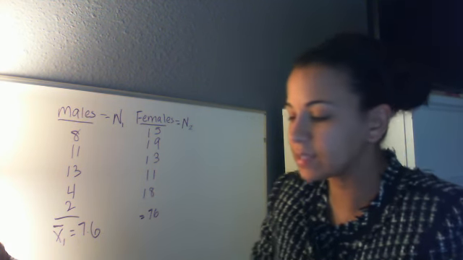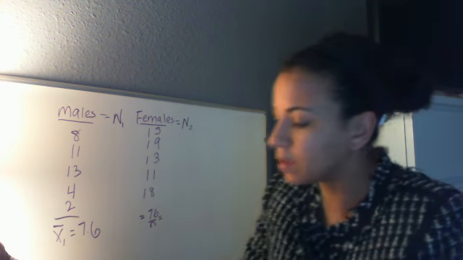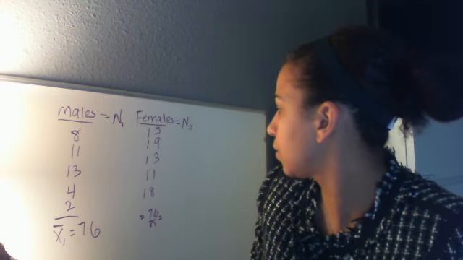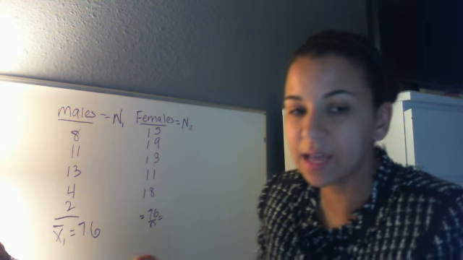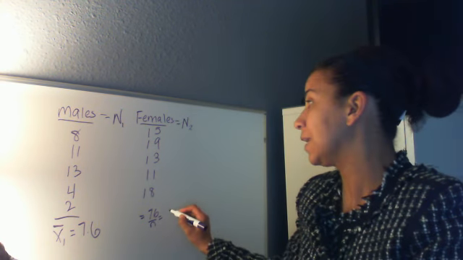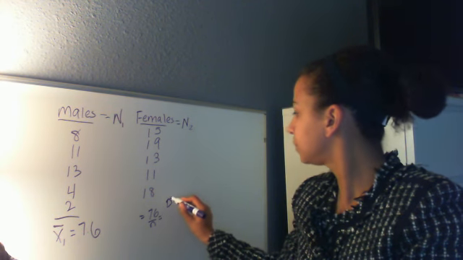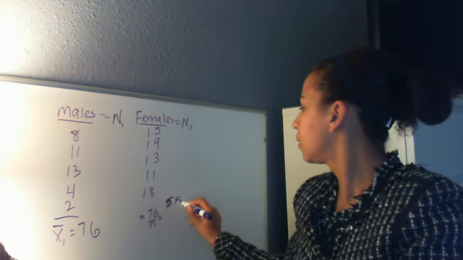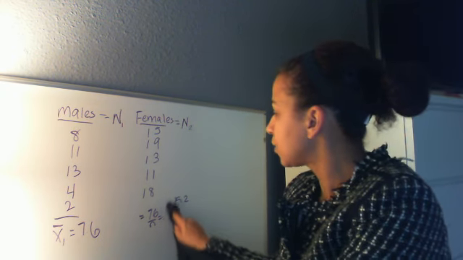Then I can take 76 and divide it by n, and that'll give me the median. Sorry, the mean. N is 5. So I end up with the mean of the women smiling about 15.2 times.